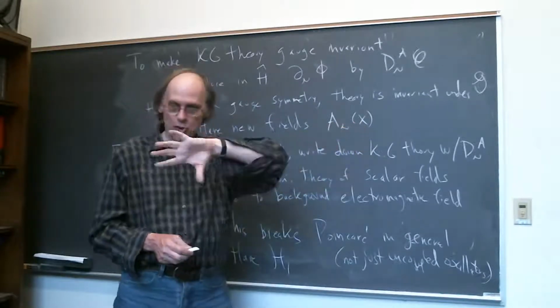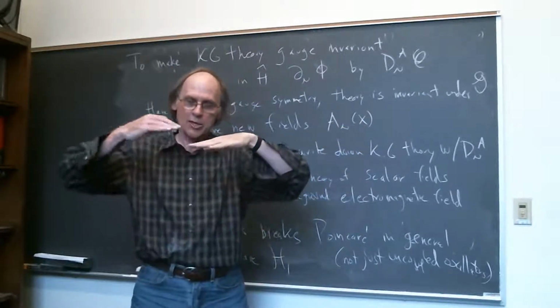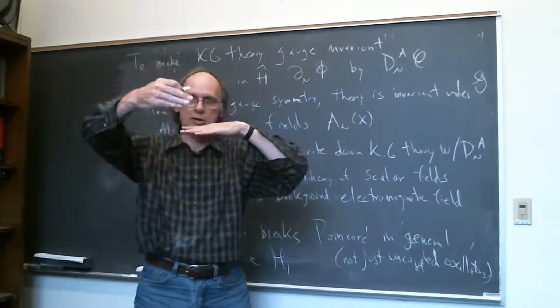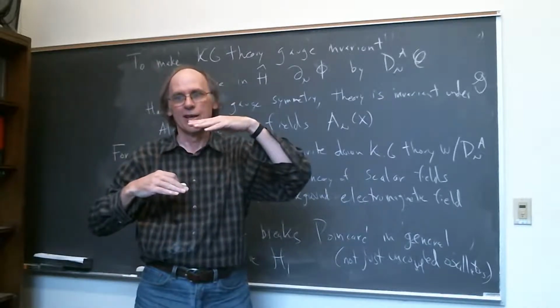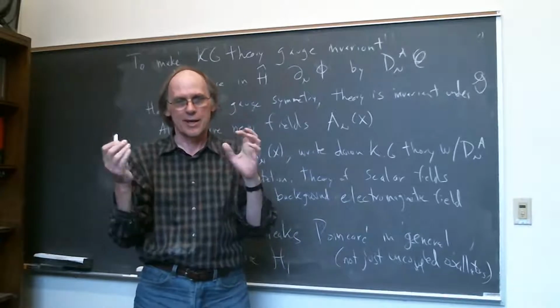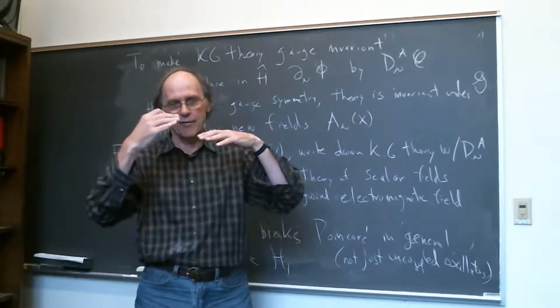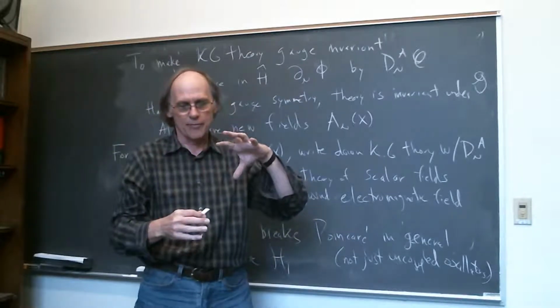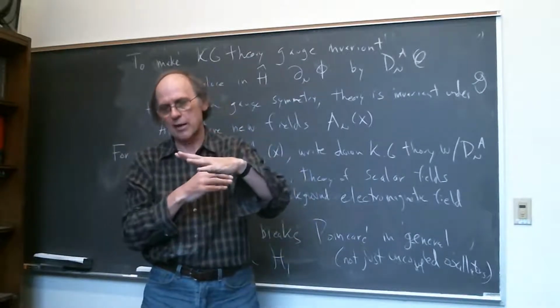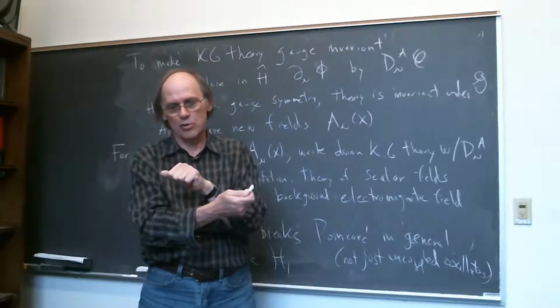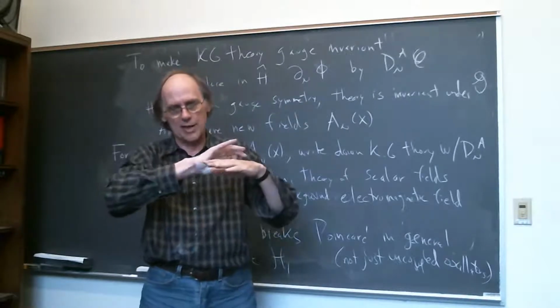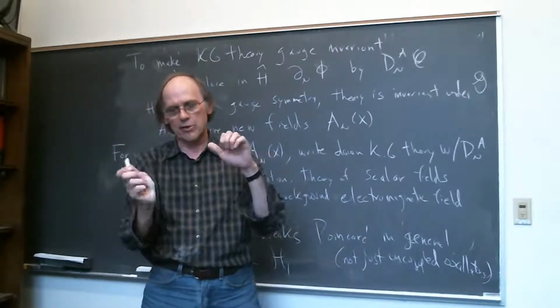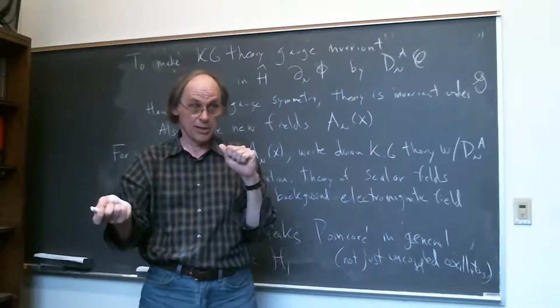One of the trickier things that happens is that as you change your choice of A_mu(x), you actually change what's positive energy and what's negative energy. So this decomposition of the field into annihilation and creation operators and positive and negative energy, if you do it for one fixed A_mu, then as you vary the background field, it'll change.